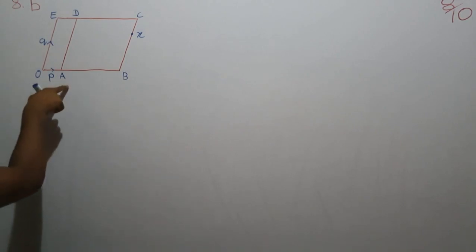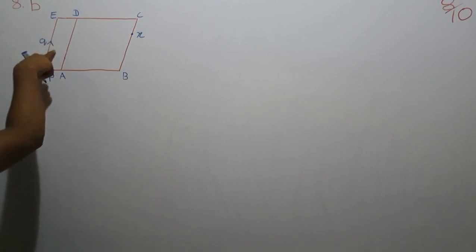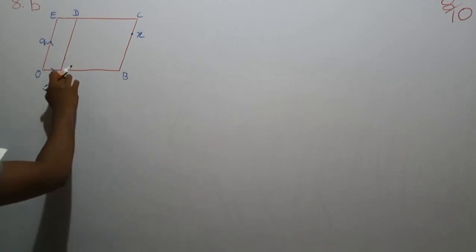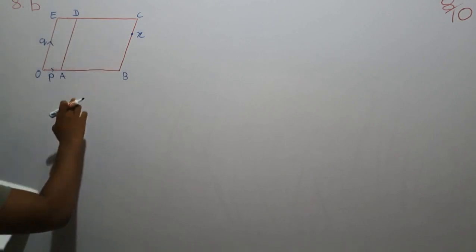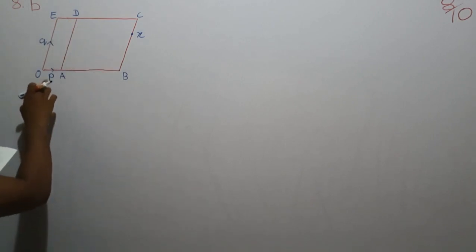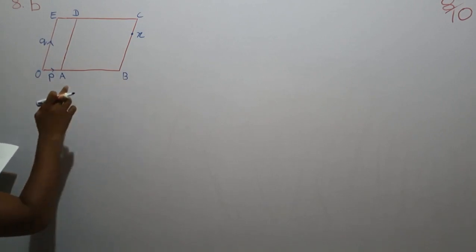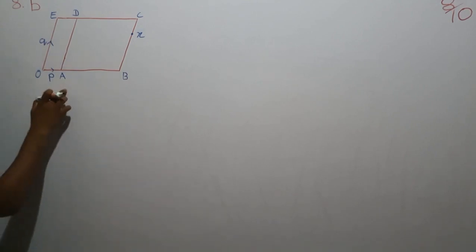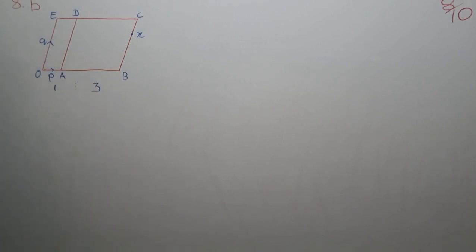So O to A is P and OE is Q. AD is parallel to OE. And OA and AB is a 1:3 ratio.